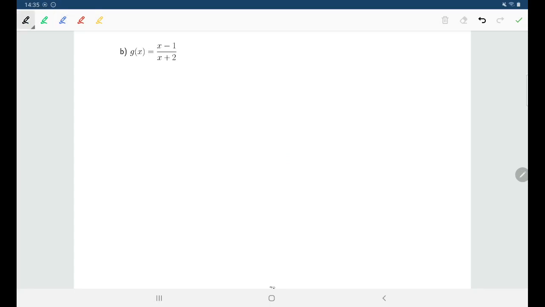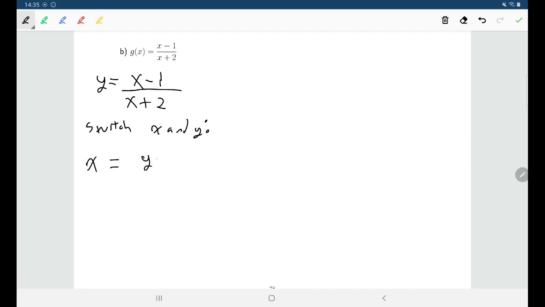So now let's do that. Let's start off with finding our inverse by writing out y equals our function. And then we'll switch x and y. So we'd have x equals y minus 1 over y plus 2.